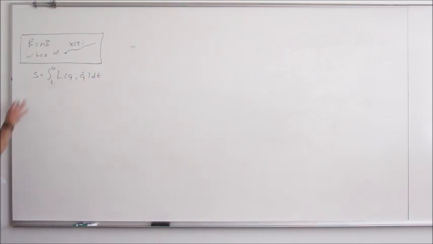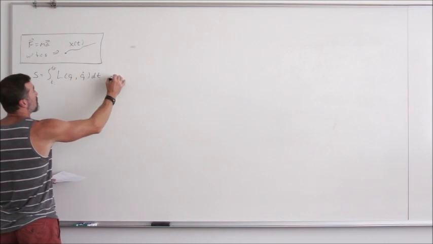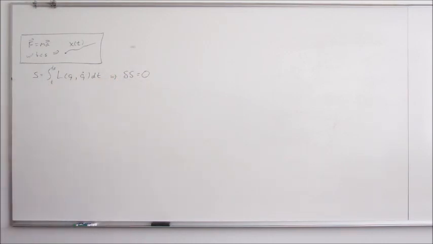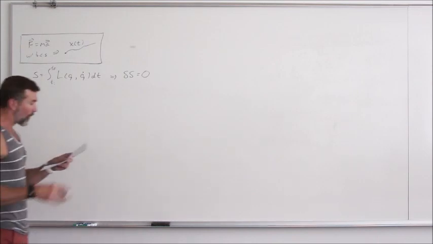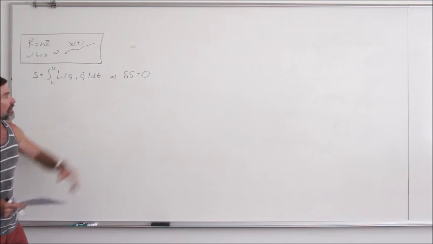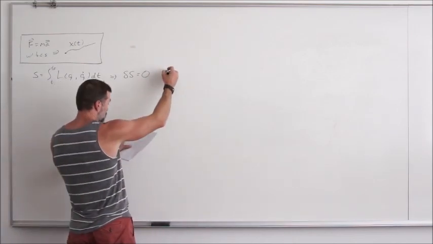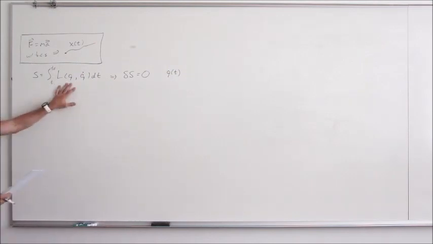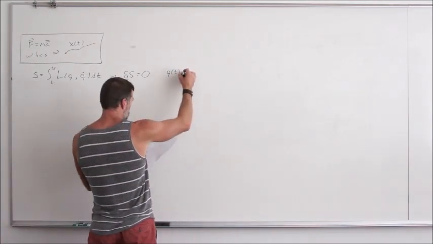And then what we do with this thing is we take its variation, set it equal to 0. And again, what we're talking about when we talk about a variation here is taking a particular trajectory and varying it.